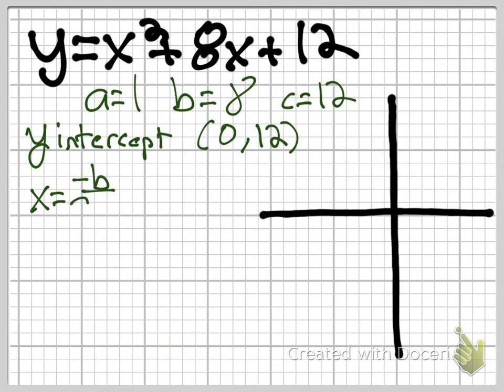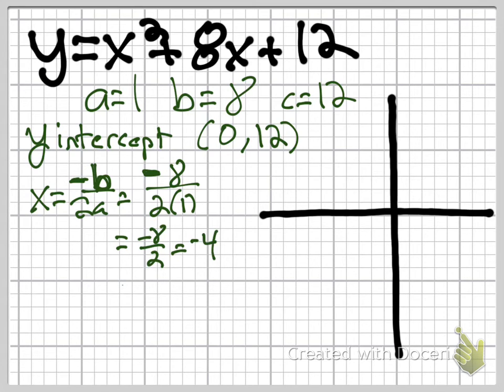The axis of symmetry is going to be the opposite of B. See how it's a negative B? So if B is positive, it turns negative. And that gives us our axis of symmetry. It's a vertical line.